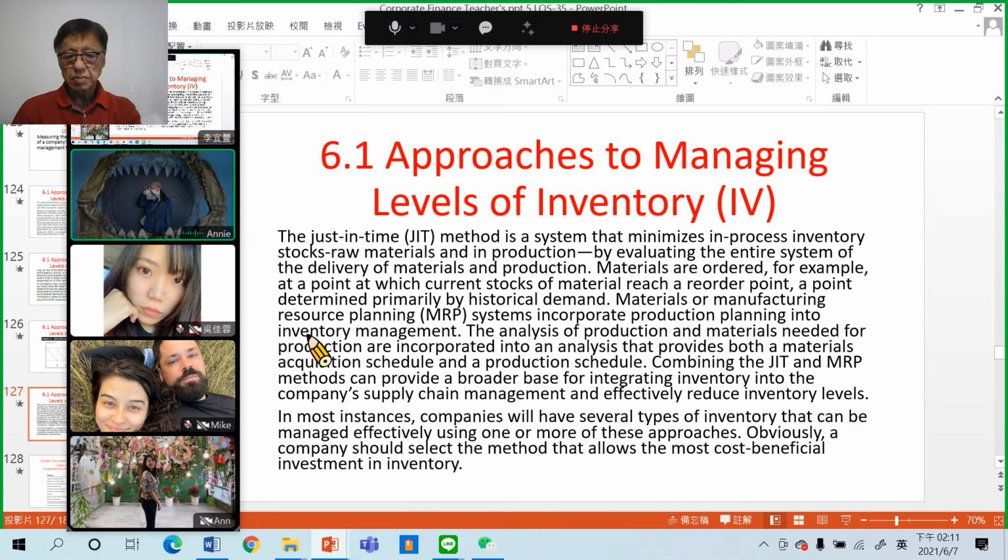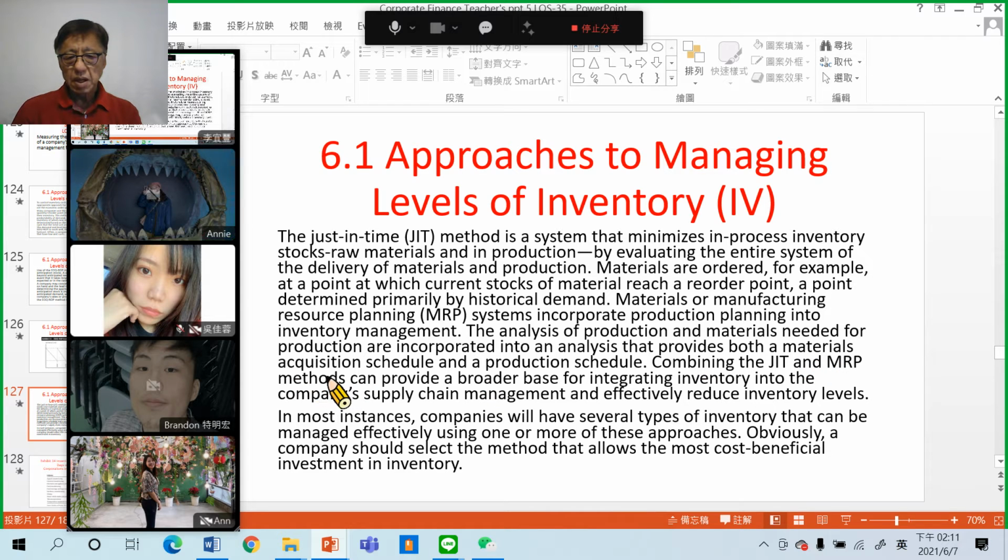Materials or manufacturing resource planning, also called MRP systems, incorporate production planning into inventory management. The analysis of production and materials needed for production are incorporated into an analysis that provides both a materials acquisition schedule and a production schedule.